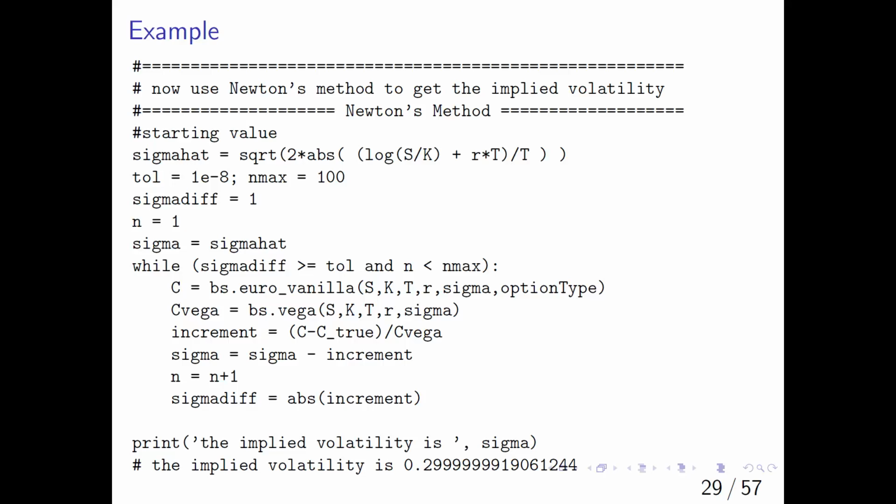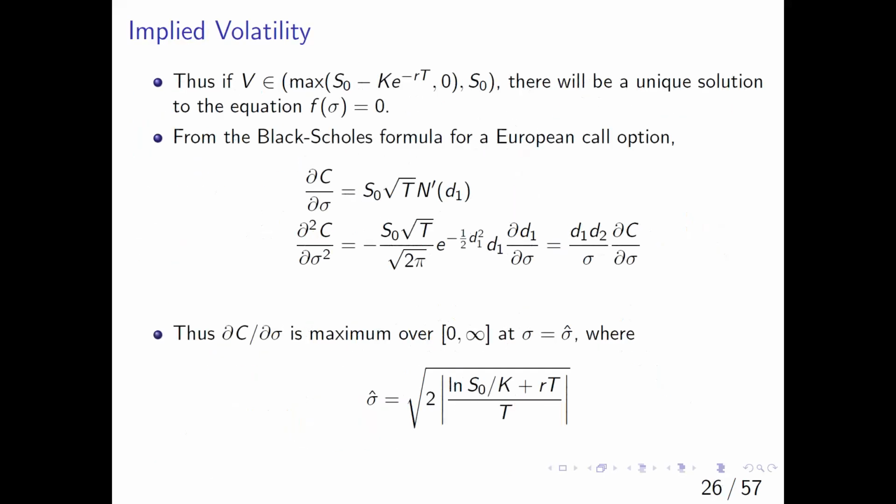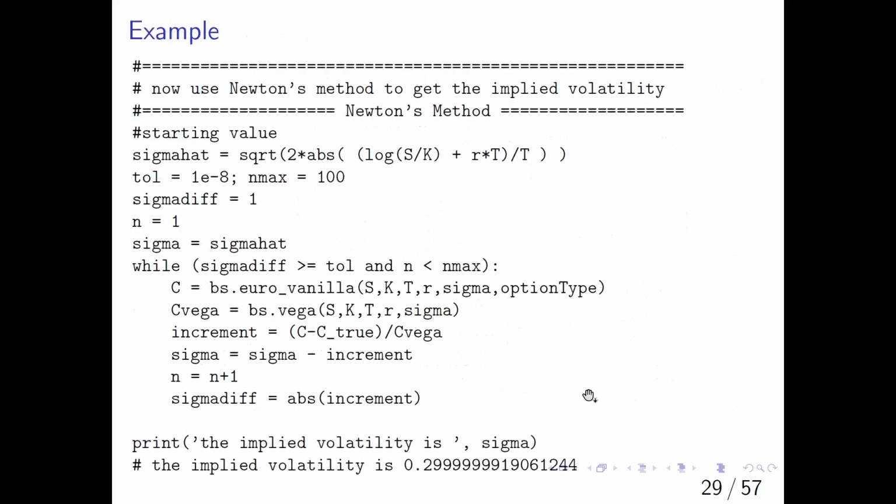So here is the Newton method. Sigma hat is my initial guess. We use this one. So the first step, I calculate sigma hat.